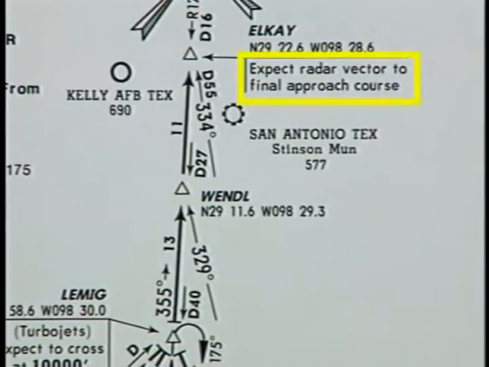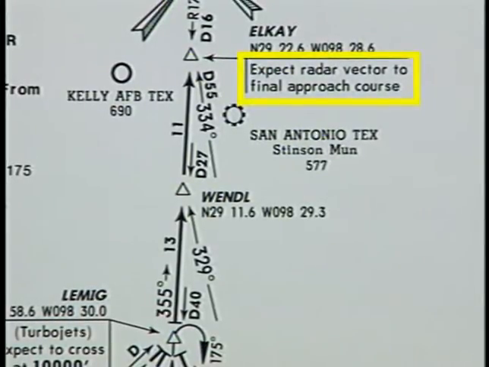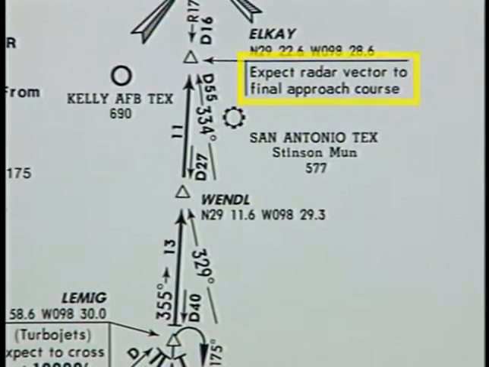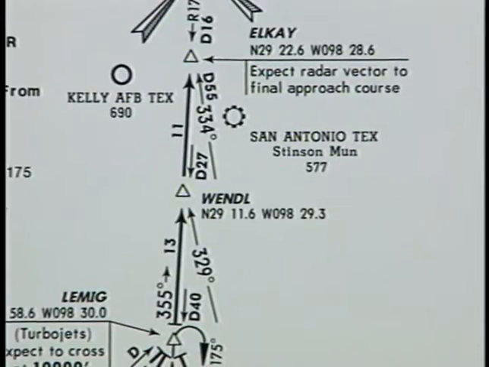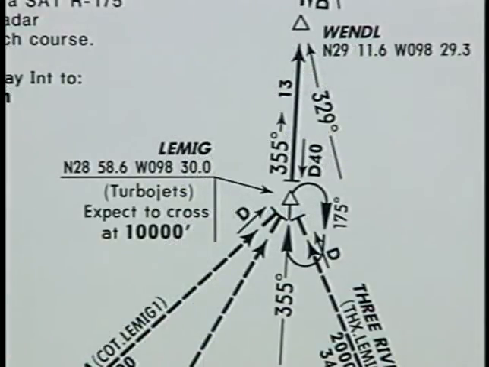This particular arrival utilizes radar vectors to the final approach course. You can distinguish the arrival route from the transitions by the solid route line. You will also notice that the STAR is named for the fix at which the arrival route begins.